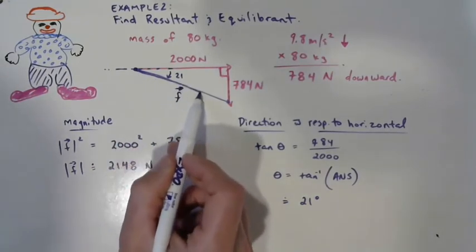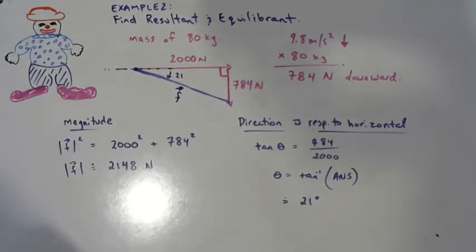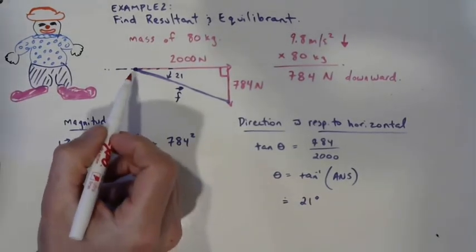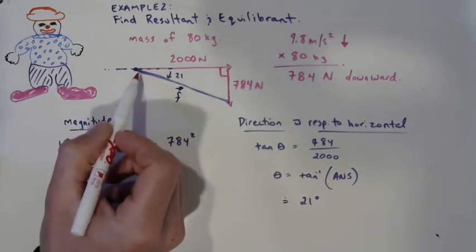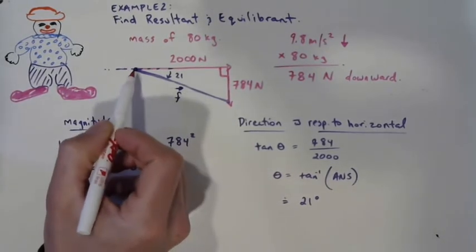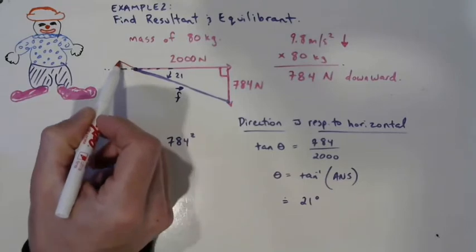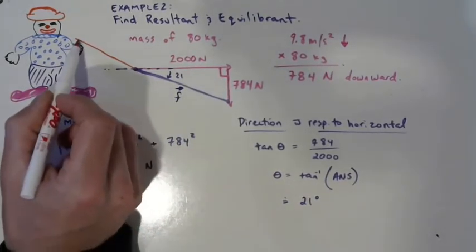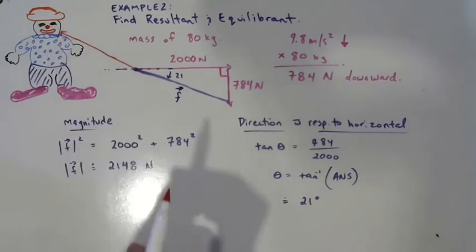That is the resultant. And what we're actually looking for is the equilibrium. So remember the equilibrium is going to be equal length, but opposite direction to the resultant. If I had my ruler out, I could do something a bit more accurate here, but it's about like this, okay?